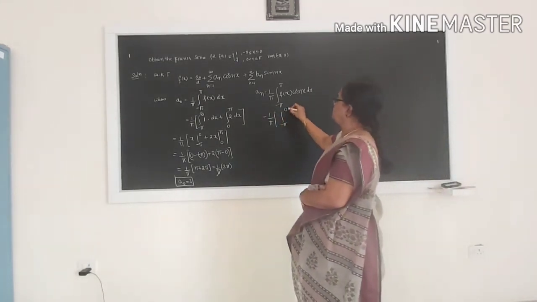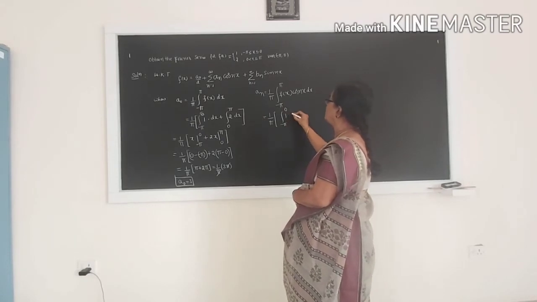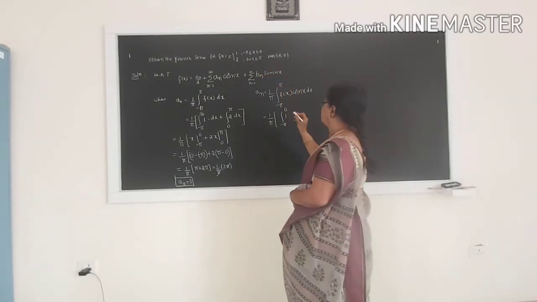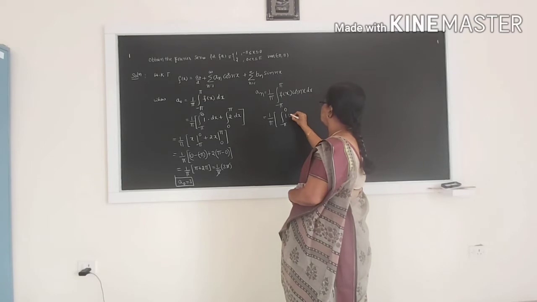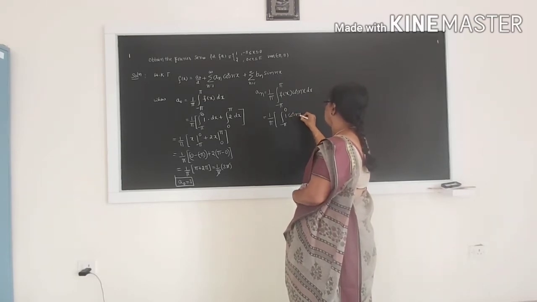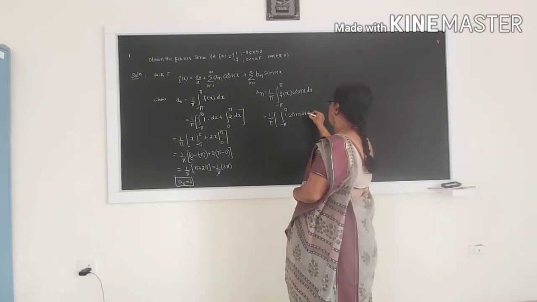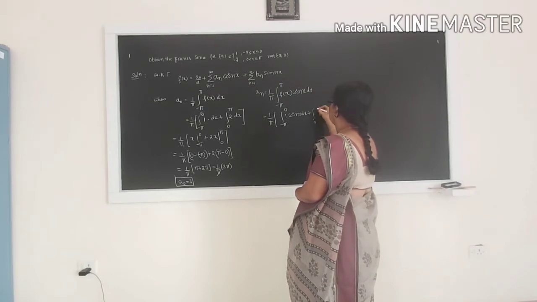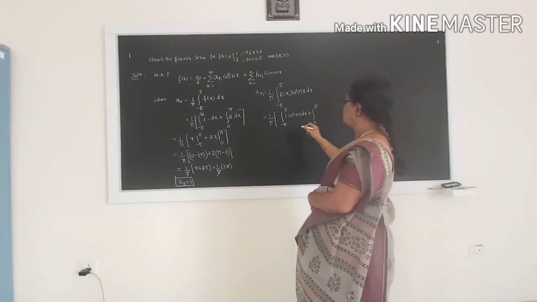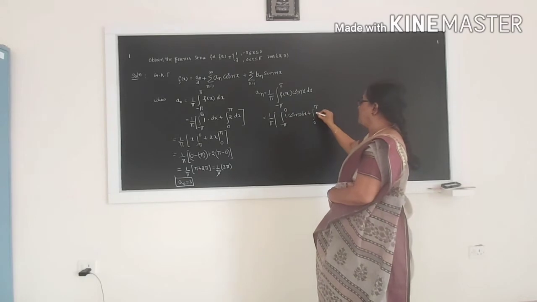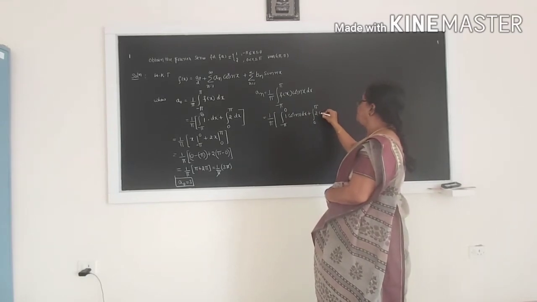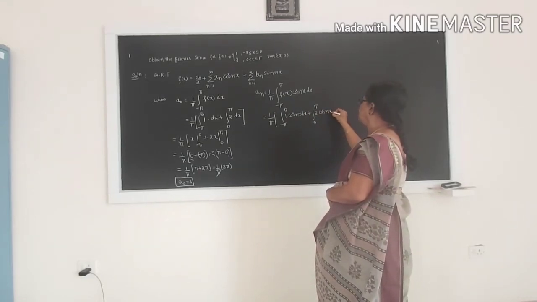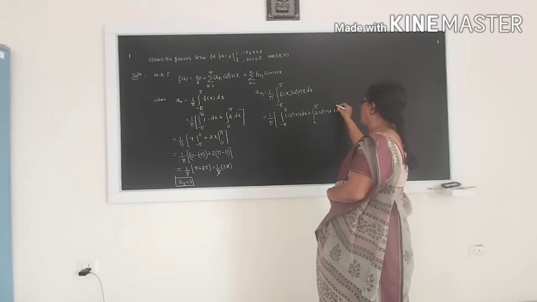In minus pi to 0, the value of f of x is 1. As I told you already, it is 1 into cos nx into dx, plus integral 0 to pi. In this interval, the value of f of x is 2 into cos nx into dx.